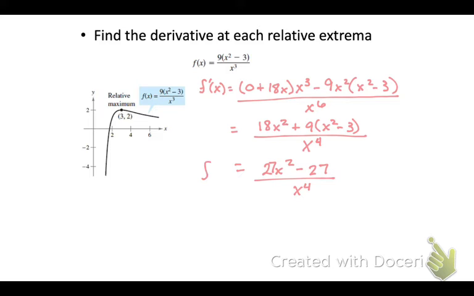So we now have the derivative, so to evaluate it there, I just plug in the x, right? So f prime at 3.